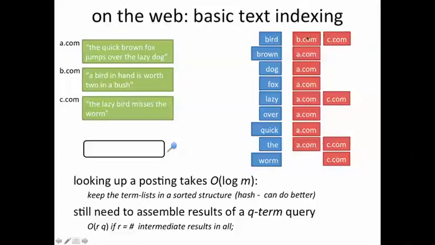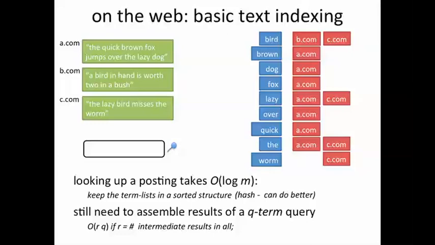Even though c.com is repeated, you count it twice because you have to traverse both this list as well as this list. To show that this is the case is something I'll leave to you as homework, and we'll come back to this as a homework question later on.